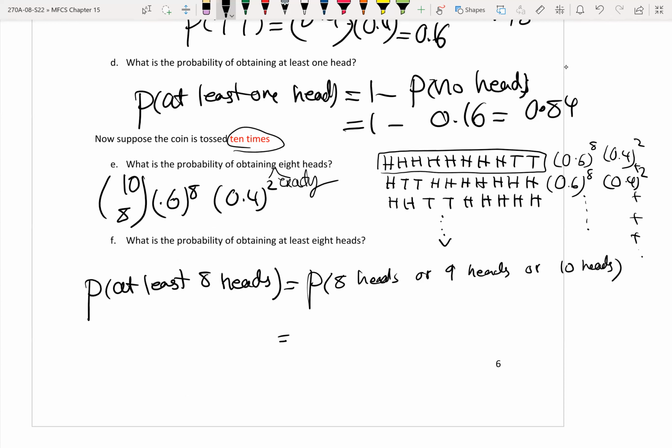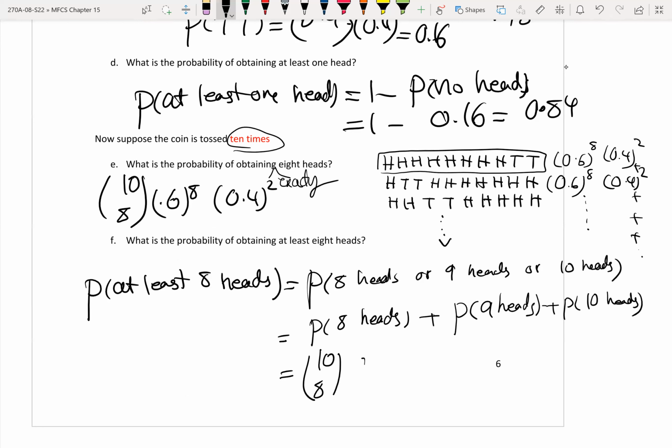Yeah. So the probability of 8 heads, you got it already. You just have or the probability of 9 heads, and then or the probability of 10 heads, which is going to be the same: 0.6 to the power of 8, 0.4 to the power of 2.